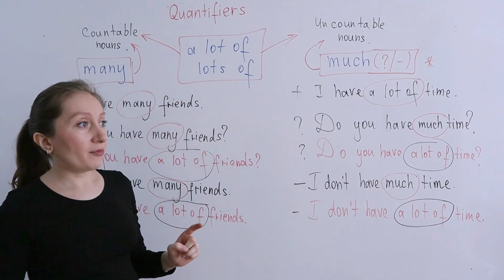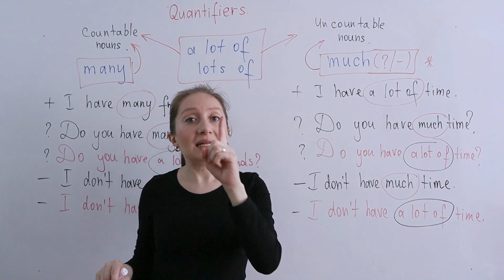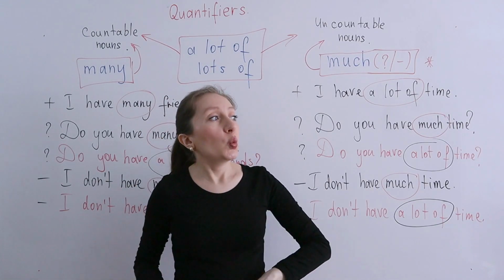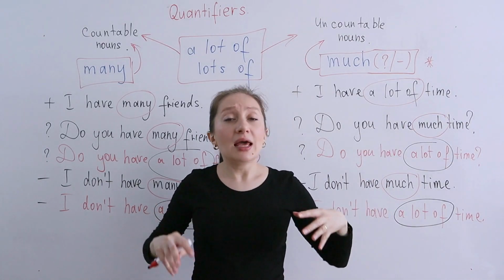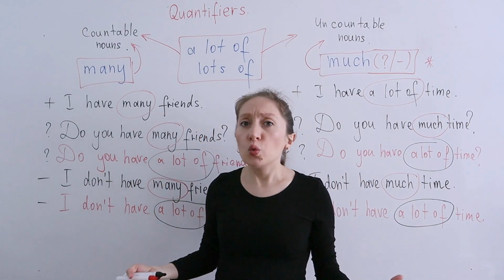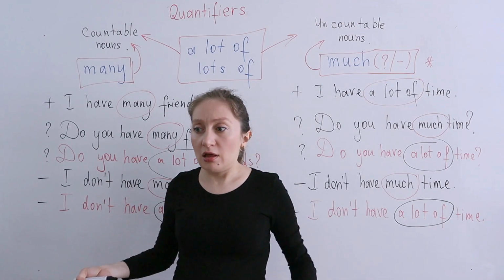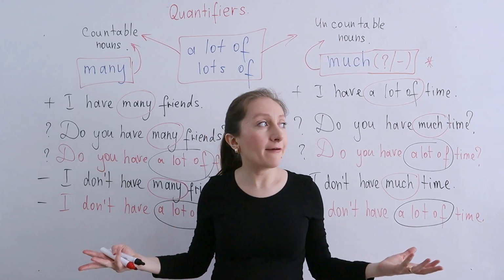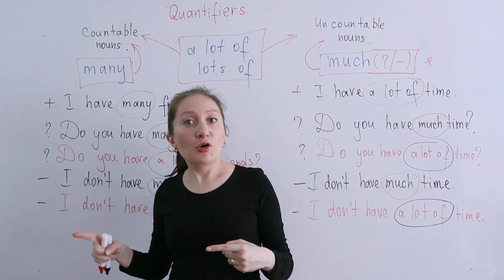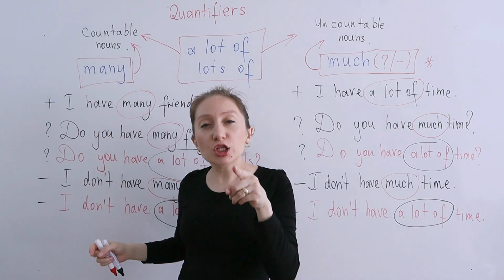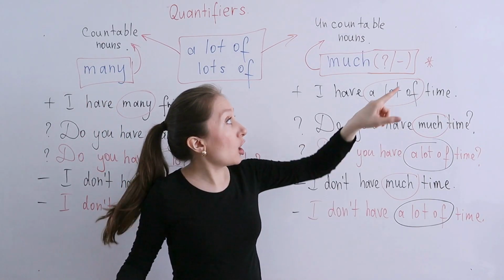So now, my friends, take one noun which is countable and take one noun which is uncountable and try to make sentences. What do you have a lot of in your house, for example? I have a lot of books, or I have many books, right? Do you drink much coffee?